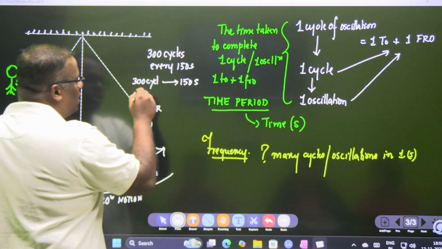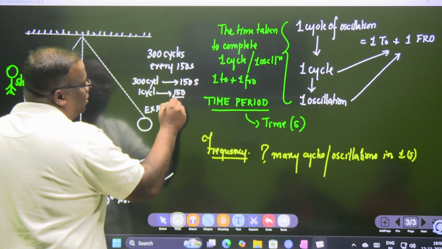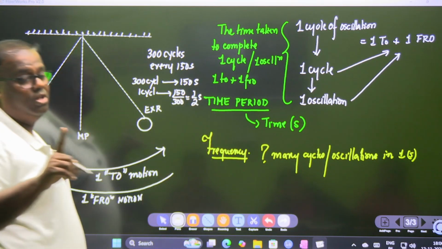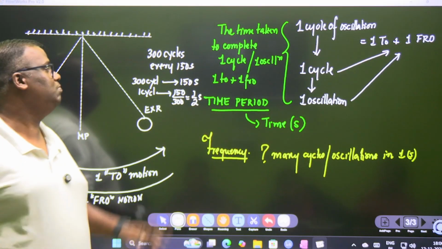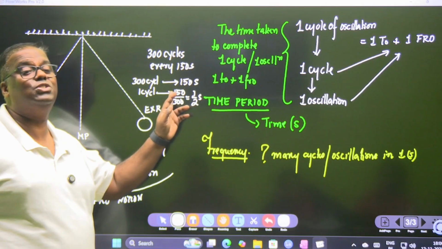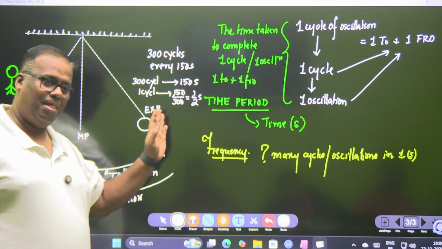Therefore, one cycle took 150 divided by 300, which is half a second. Remember, when you are calculating time period, the numerator should always be time, because the answer has to come in seconds, not cycles per second. Are we fine?